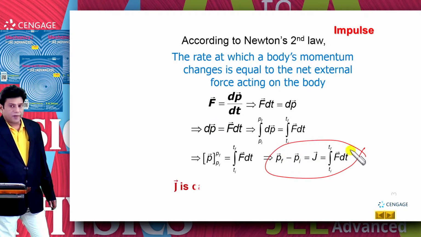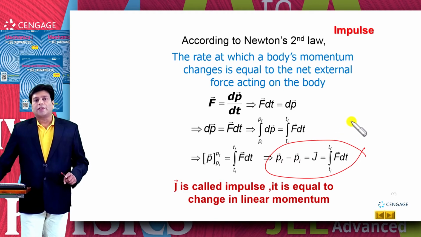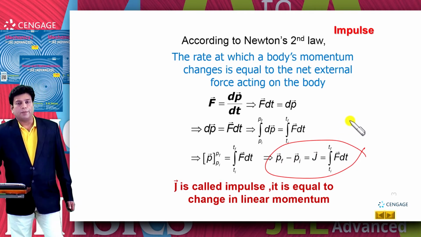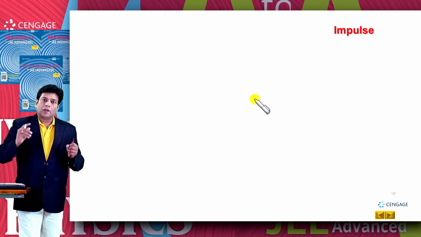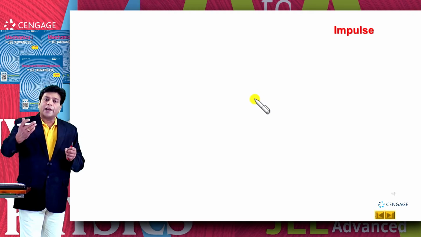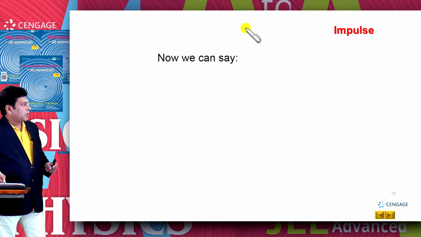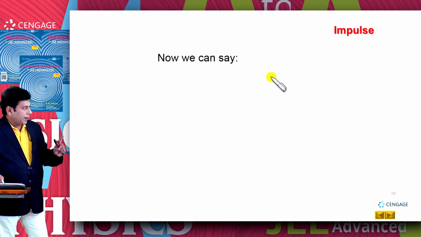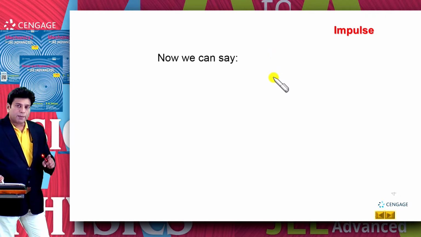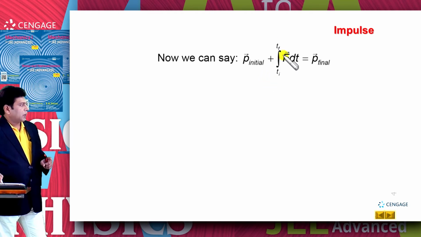So, we have defined impulse mathematically, and again it is equal to the change in linear momentum. Now, if we add impulse to the initial momentum, we get the final momentum. So, we can write P initial plus the integral of F dt from t initial to t final equal to P final. This is nothing but impulse.